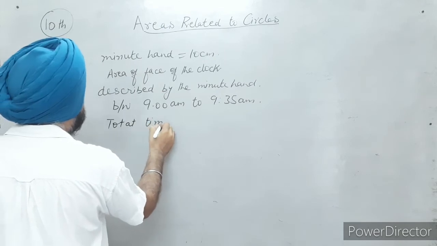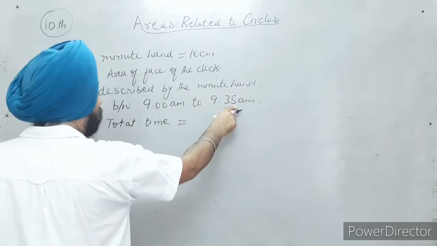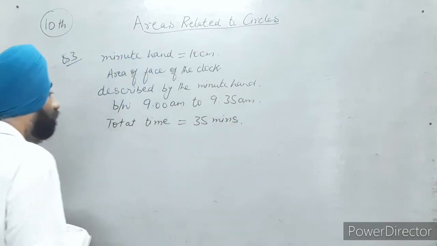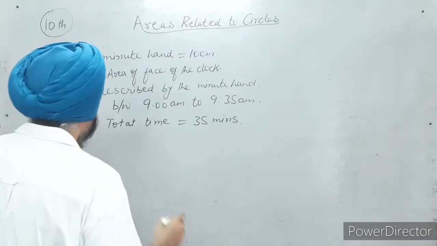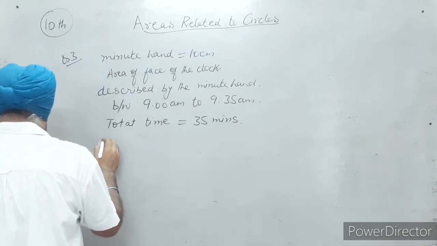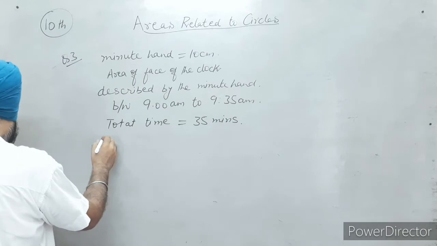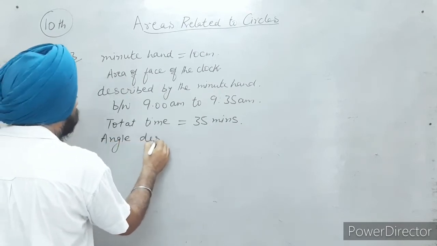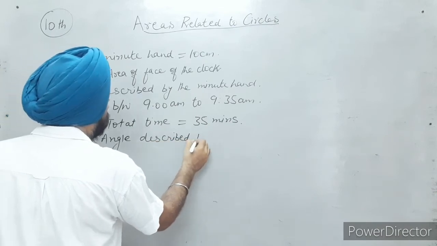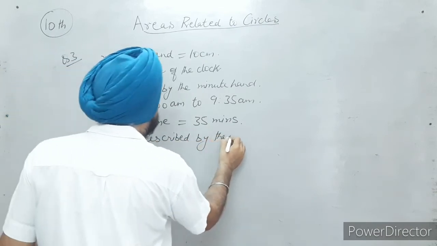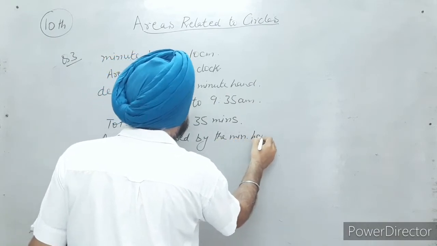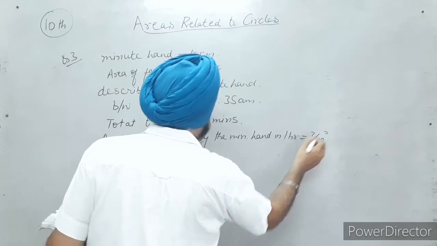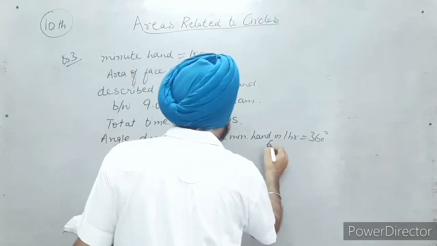9 a.m. to 9:35, that is 35 minutes. Now you must remember this concept: the angle described by the minute hand in 1 hour is what? 360 degrees, right? 1 hour means 60 minutes.